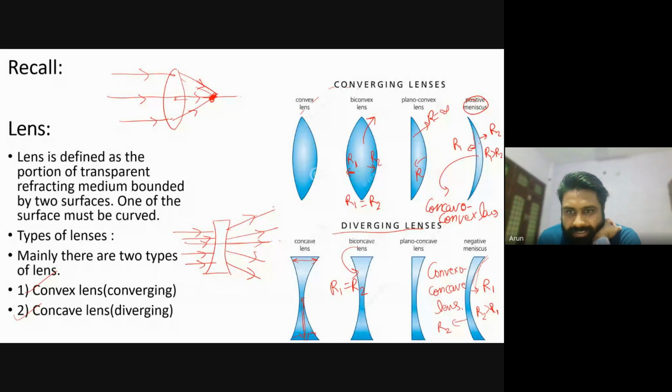That is why these corners are never going to meet. Okay, but here this corner meets at a point because R1 is greater than R2. I hope you are clear with this. If you have any doubt in this section, you can just write it in the chat box.